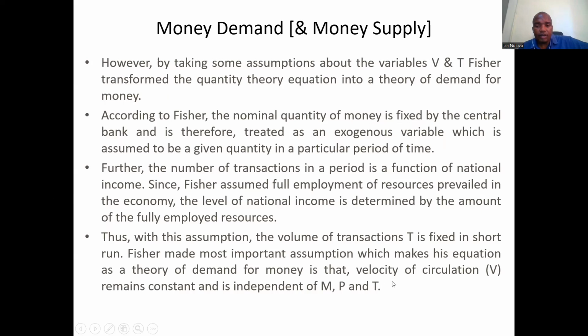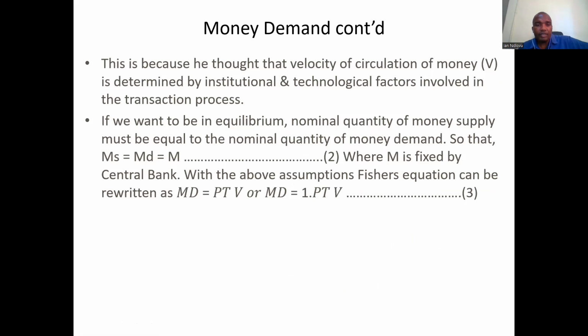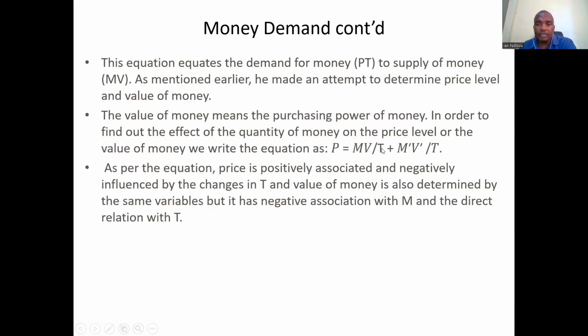So if our velocity of circulation remains constant and is independent of M, P, and T, this yields a theory of the demand for money, where money demand can then be taken as, because when you look at this part, it will be a constant.